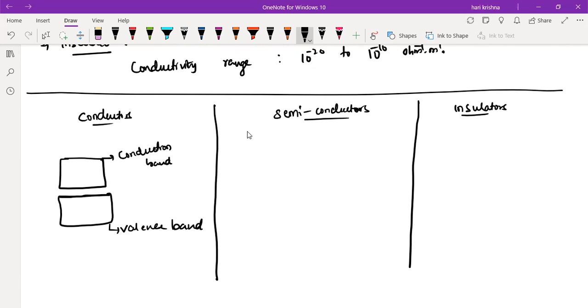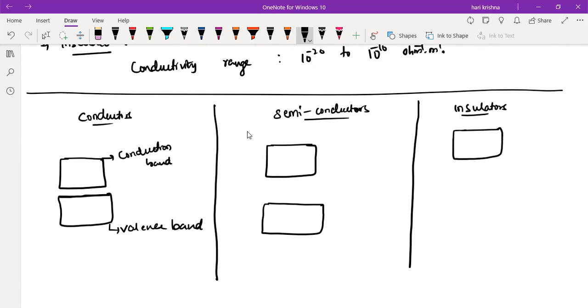The next one is the semiconductors. Again, it will have the two bands, but the gap between the bands is different. And the last one is the insulators. If you notice the gap between the two bands in the case of conductors, the band gap is very, very small.